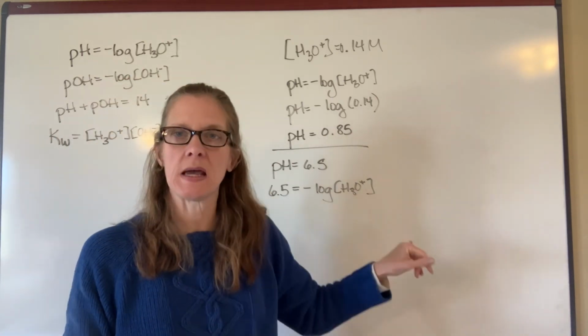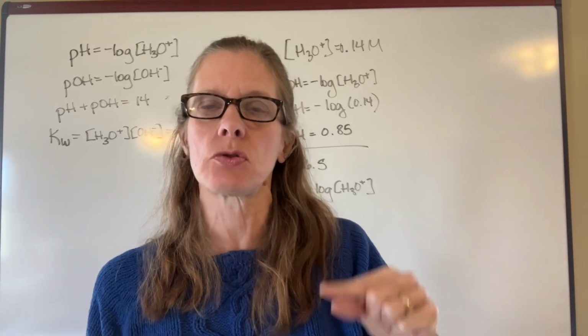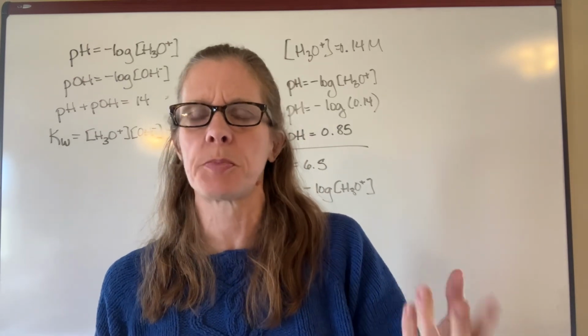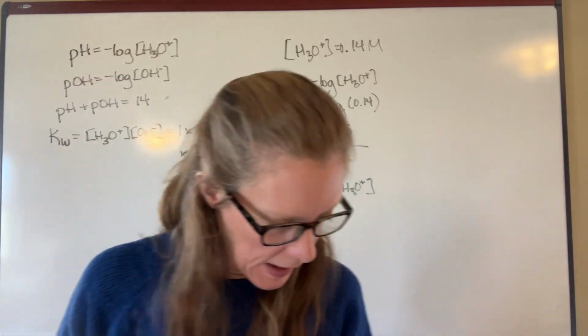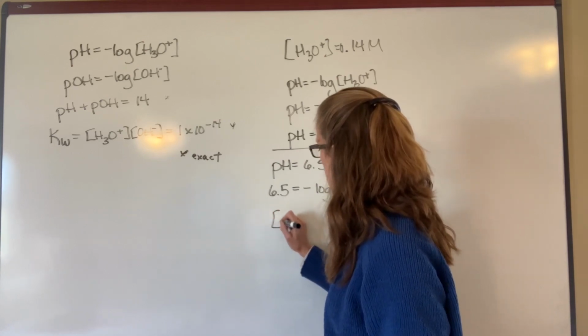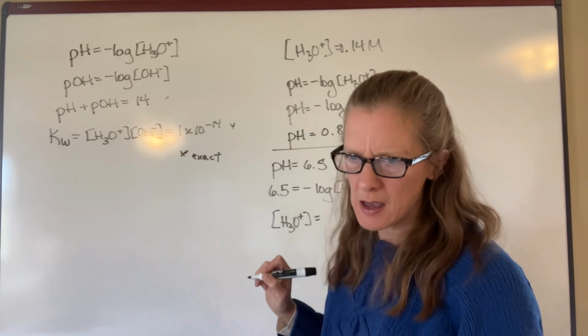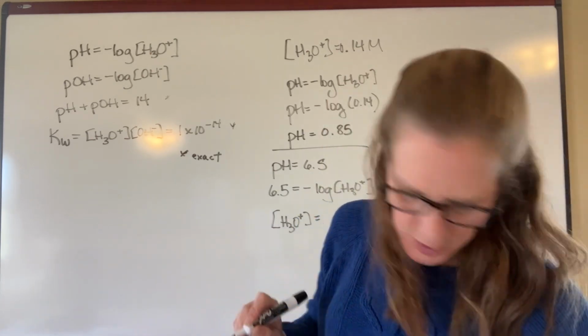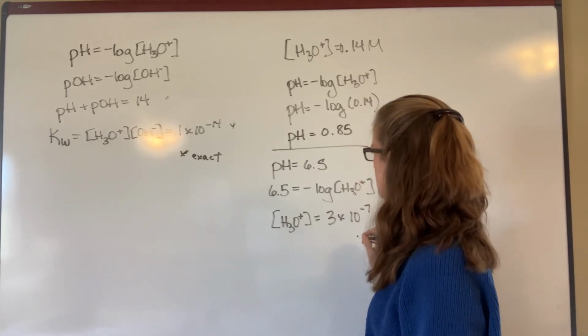Then, depending on how your calculator is set up, you hit either second log or inverse log, depending on what buttons are on your calculator. When you do that, you should end up with a hydronium ion concentration of 3 times 10 to the minus 7th.